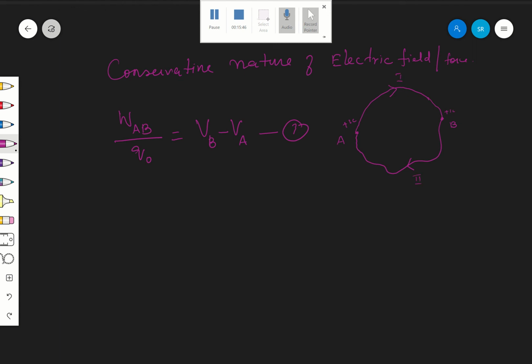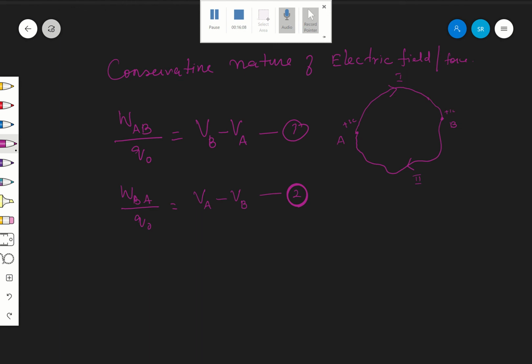Now I am bringing the unit positive charge from B to A. What is the work done for that? W_BA by Q naught is equal to V_A minus V_B.